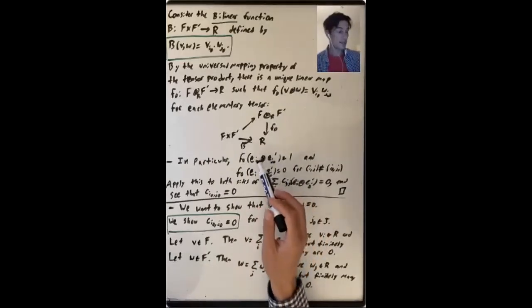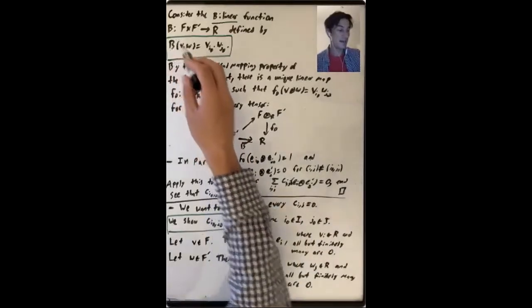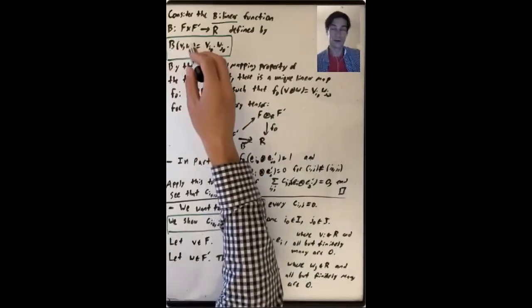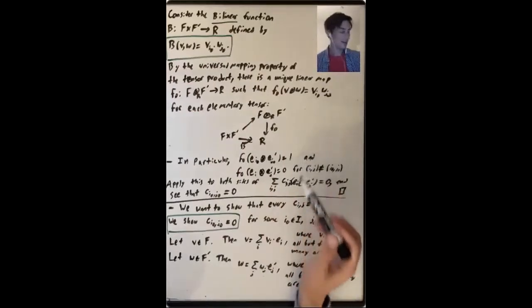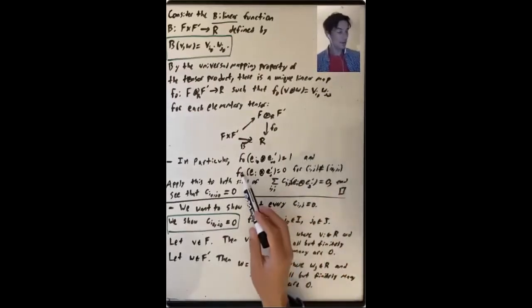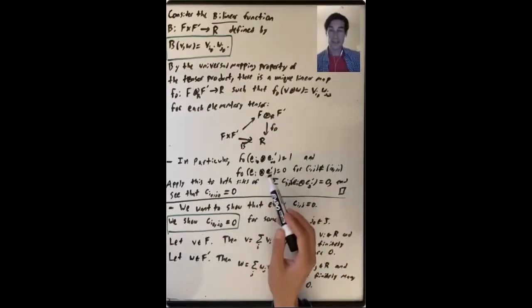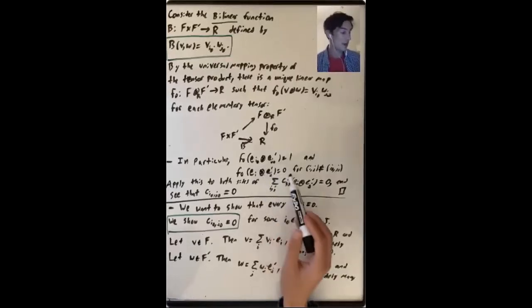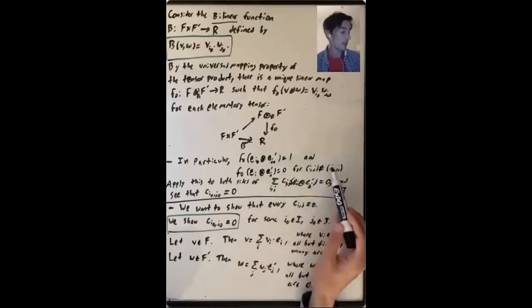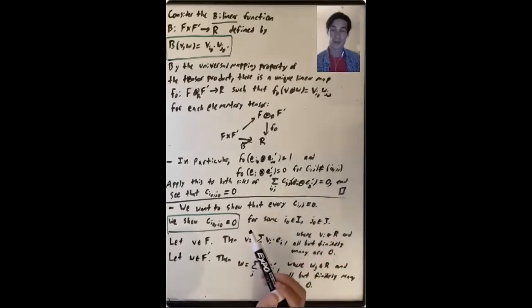Why? Because if you take b applied to (e_i0, e_j0 prime), you get 1. And if you apply f0 to a different one of these elementary tensors, e_i tensor e_j prime, where (i, j) is not equal to (i0, j0), then you get 0.